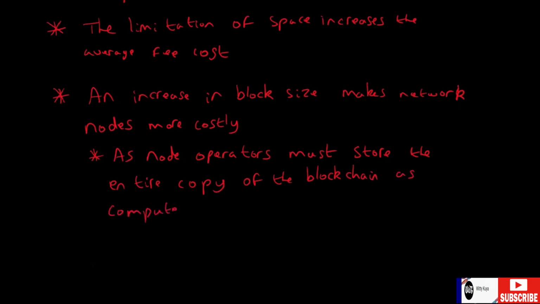So there are advantages to something like segregated witness, and there are disadvantages. So this is sort of like the history of why somebody would want to implement something like segregated witness. From here on out, I'm just going to call it SegWit2x.